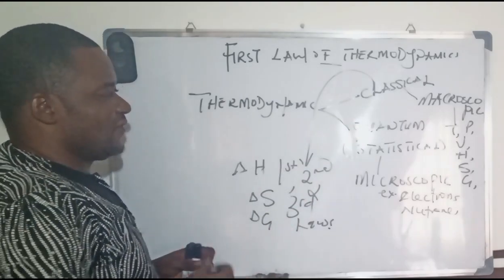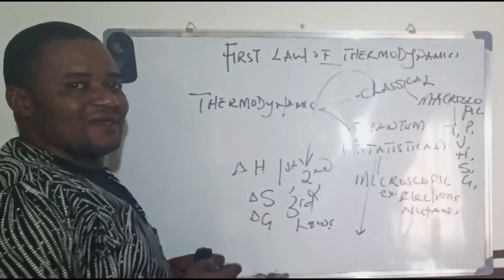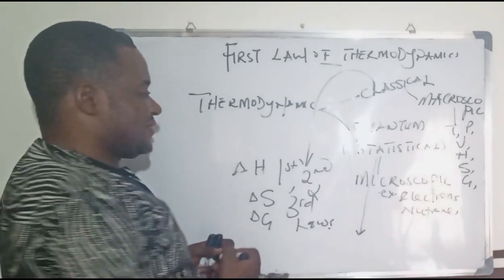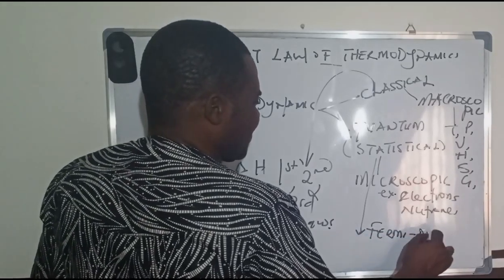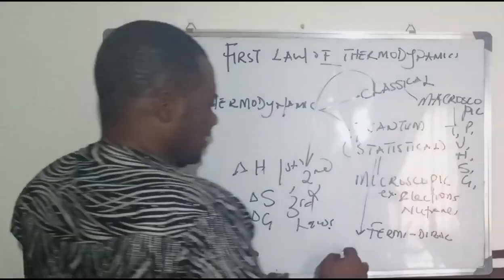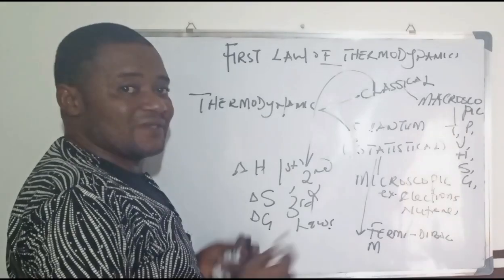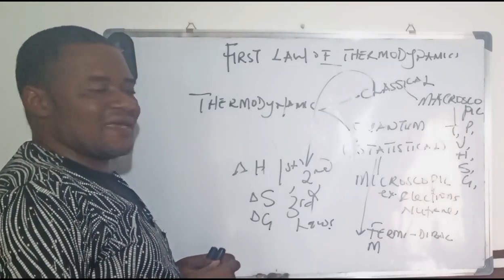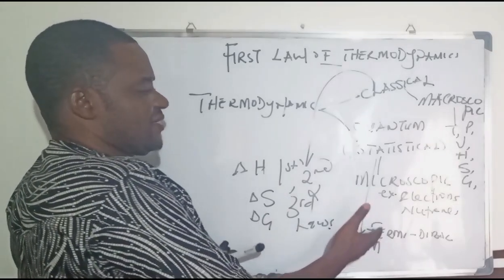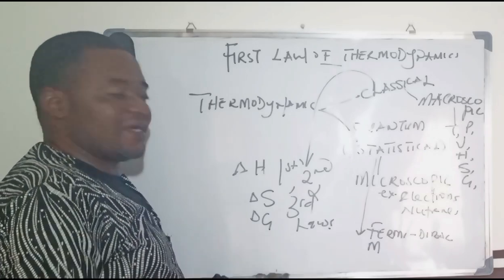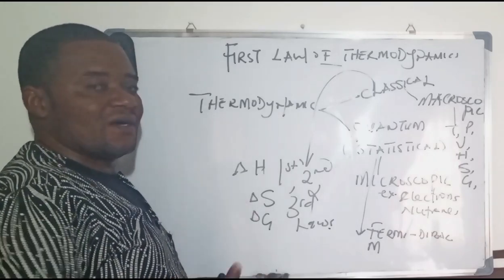Now, it is important for us to know that the quantum or statistical thermodynamics discusses about three basic statistics, like the Fermi-Dirac statistics and the Maxwell-Boltzmann statistics, and then you have the other ones.